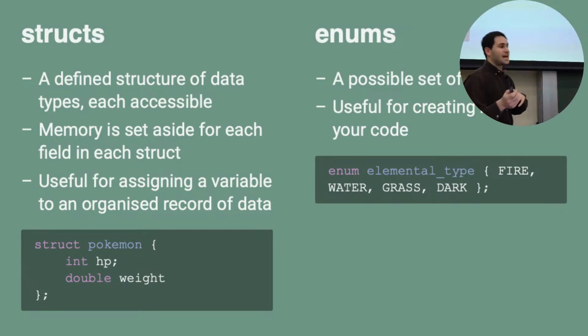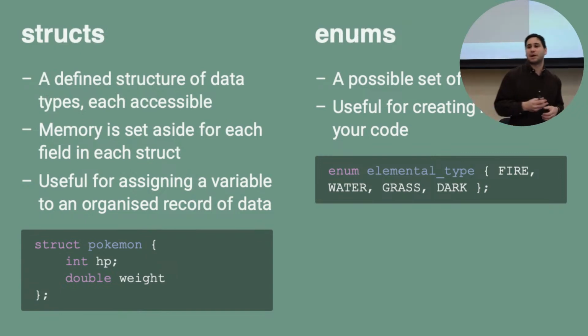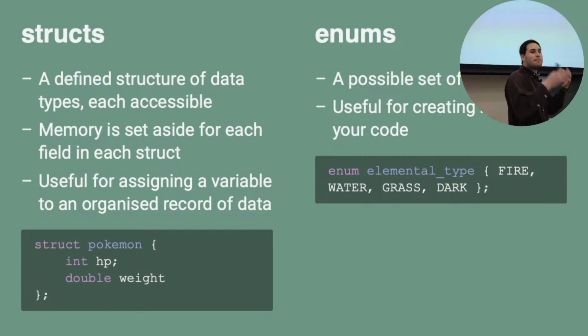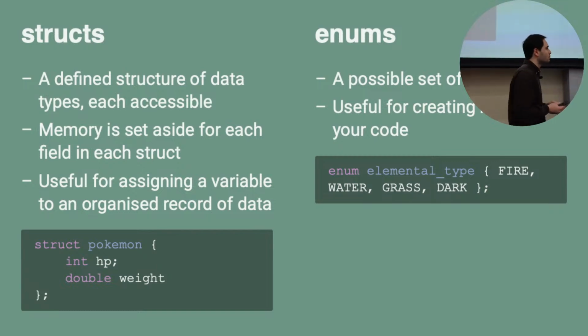And then we have enums, and enums are like, okay, I want this possible set of values to limit what something can be. So we spoke about days of the week last week. Months of the year is another example. Anytime there's a set limit to a range of values. In this case, there's another Pokemon example.